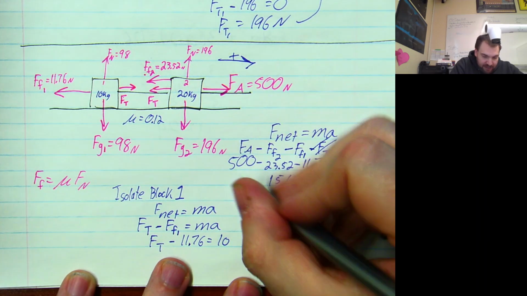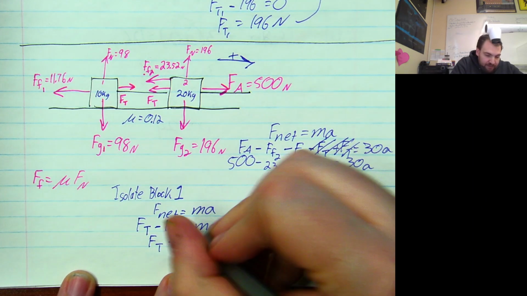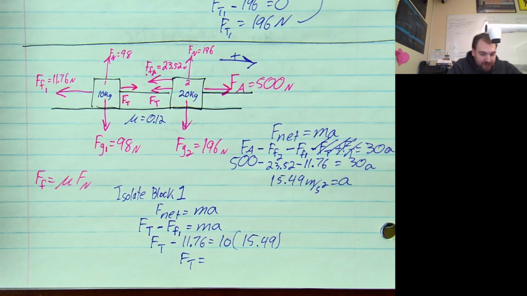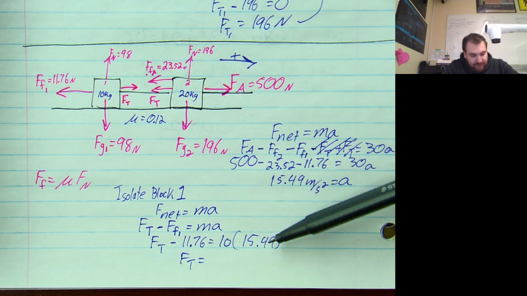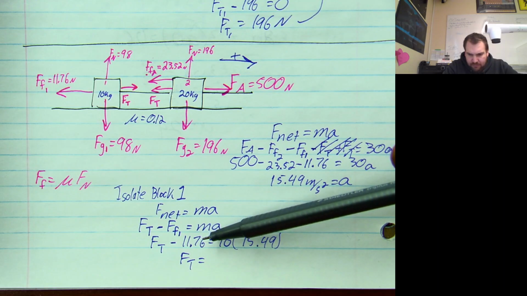10 times 15.49. So then my tension is going to equal 154.9 plus 11.76. $167, give or take.